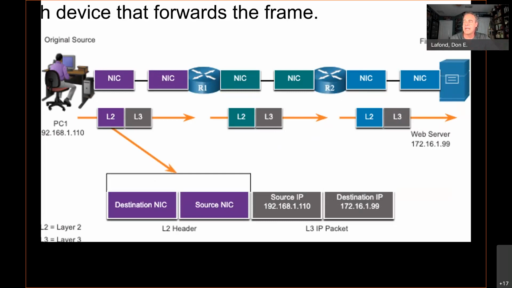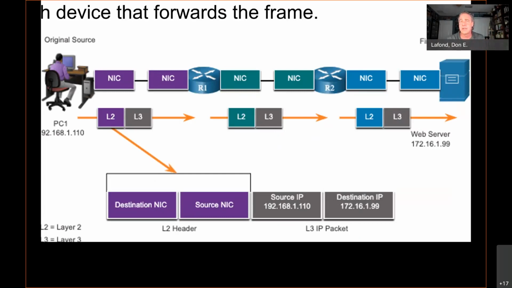But the MAC address, all those individual post offices between your home and the destination, it changes as to the next post office, the next post office, the next post office. I hope that helps you understand. You really have to understand this concept. It's not hard.